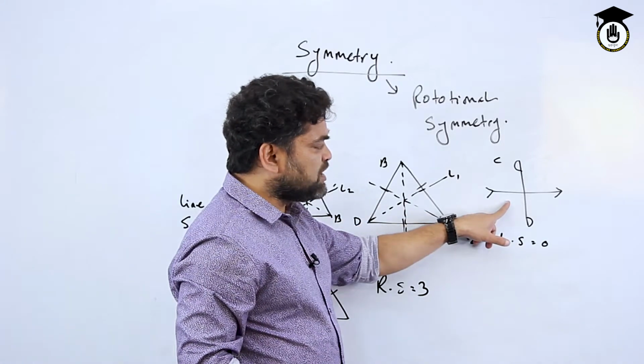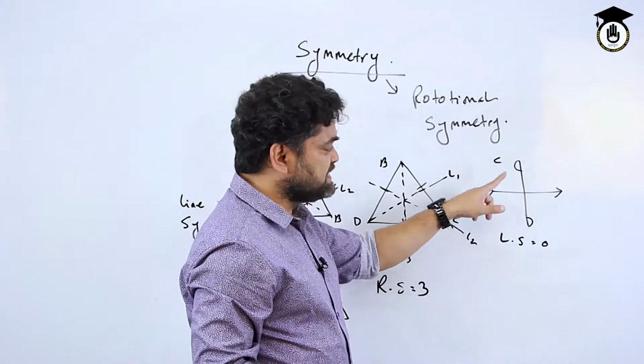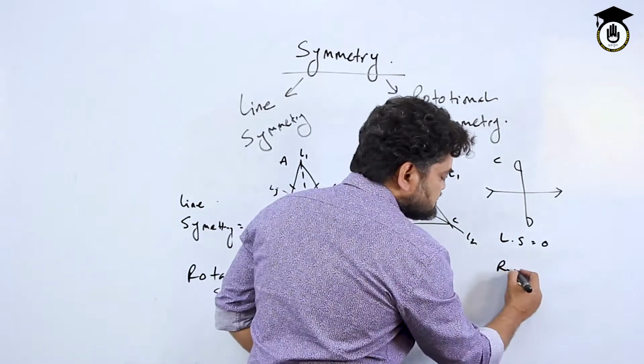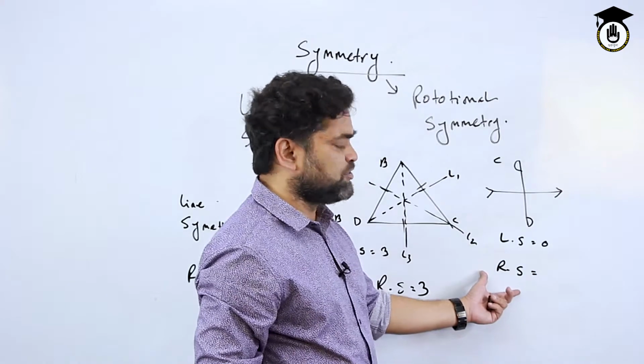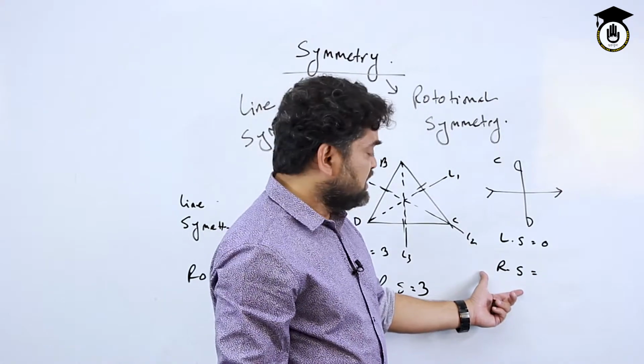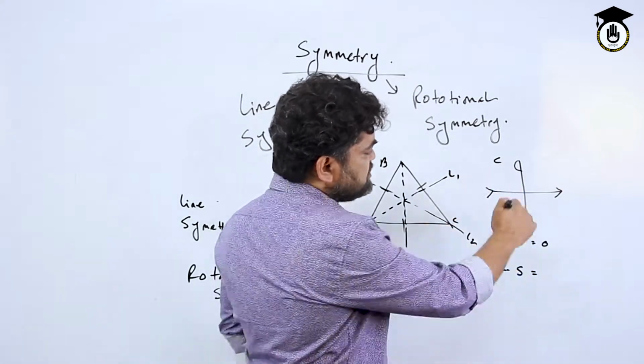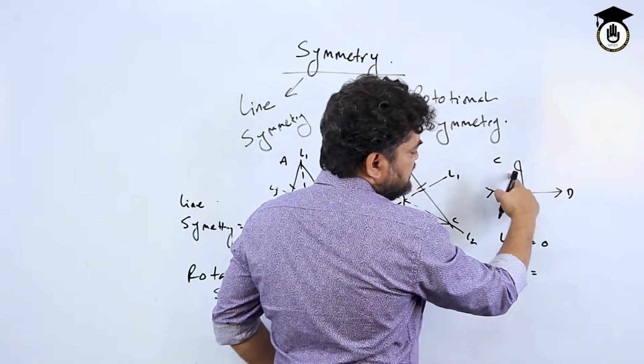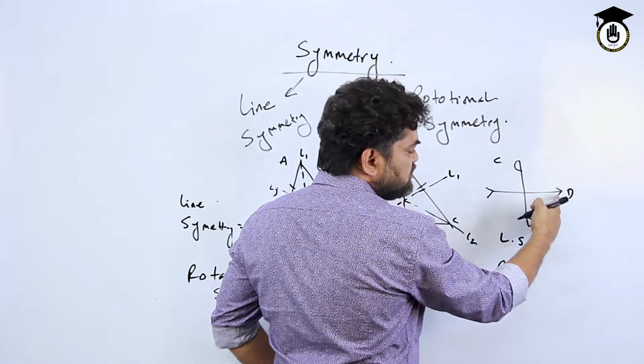And when you come to this diagram, here you can see that in the case of rotational symmetry, RS, I'm writing it in short form as I said to you again. If you rotate it and C comes on D, that's a totally different shape. It will not come here.